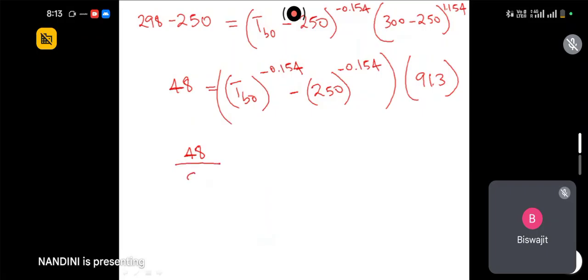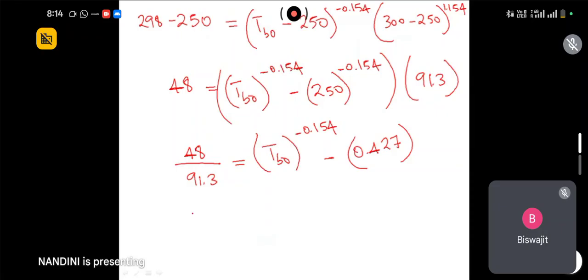So 48 divided by 91.3 is TB0 the whole raised to minus 0.154 minus 250 the whole raised to minus 0.154, which is 0.427.